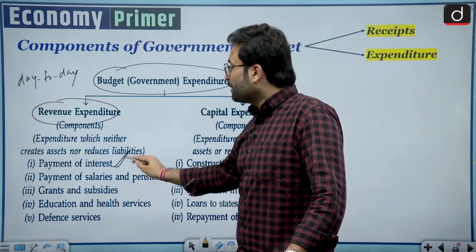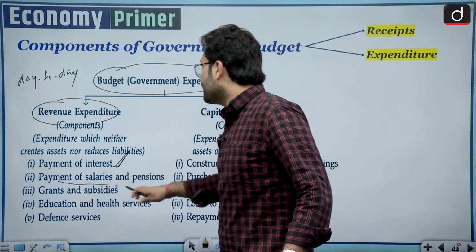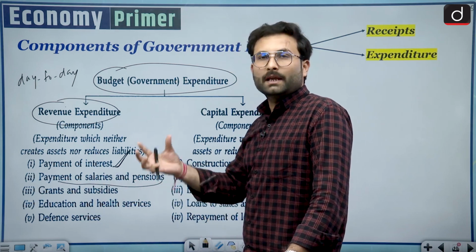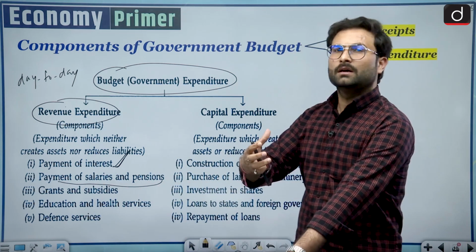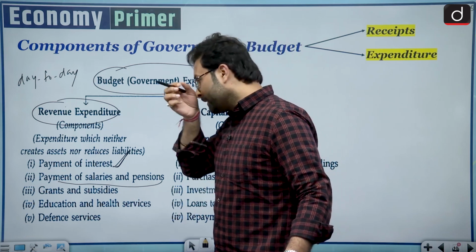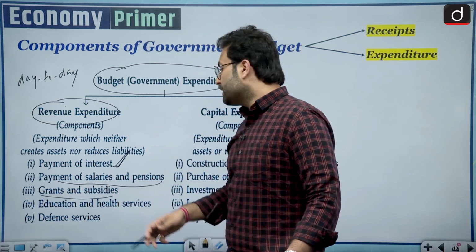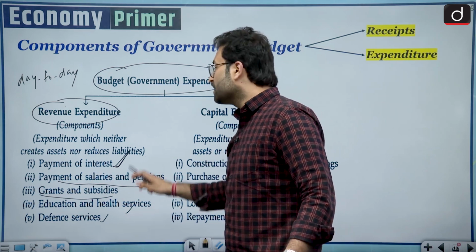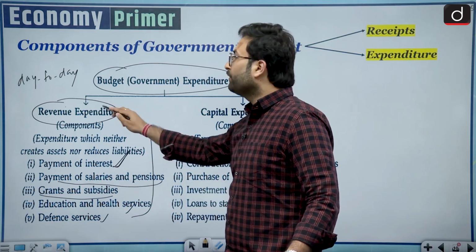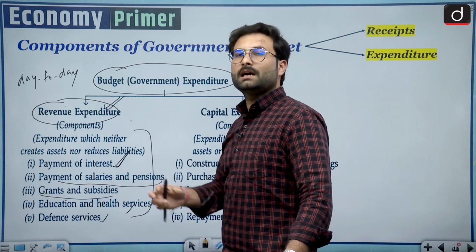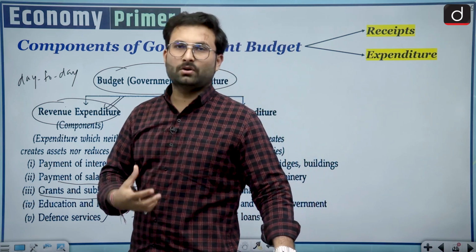Then payment of salary and pensions, which the government has to give to its employees on a monthly basis. Then grants and subsidies, education and health services, defense services, all these things are components of your revenue expenditures. These are basically the day-to-day expenditure of government.